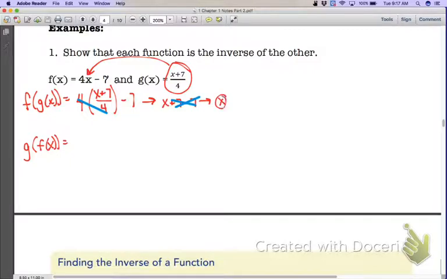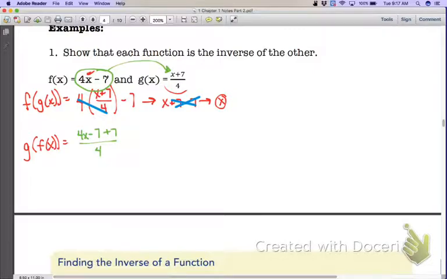That's a good thing. Now I need to go in the reverse order and take it from f of x. So take the 4x minus 7 and plug it in for the x that I have over here. So I'm going to have 4x minus 7 plus 7 on top, all over 4.